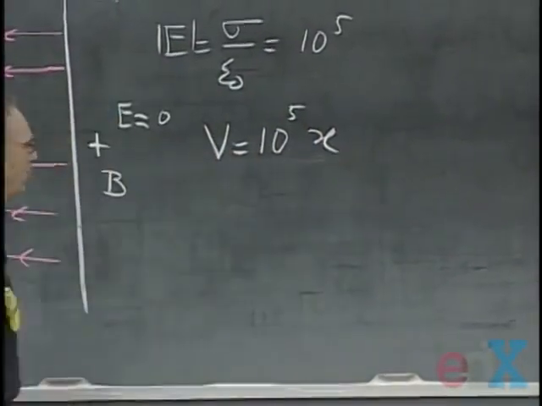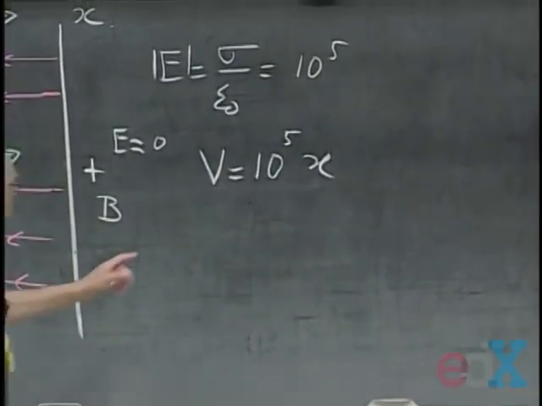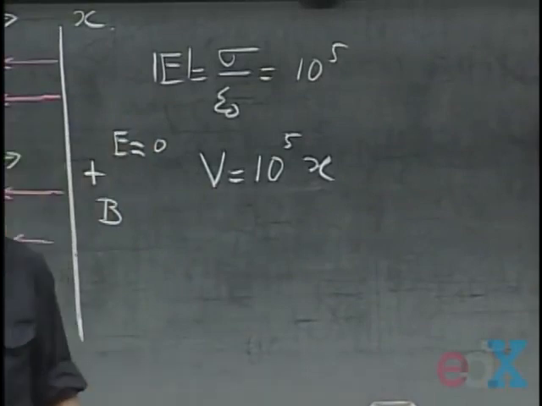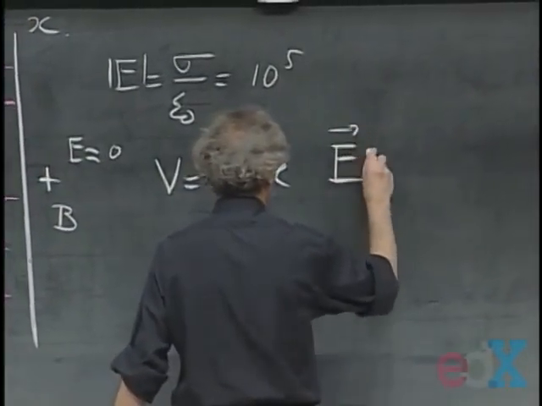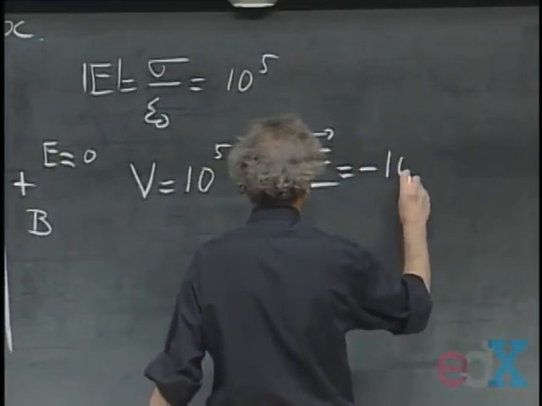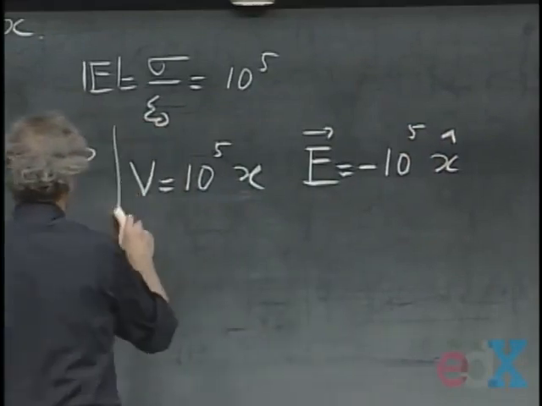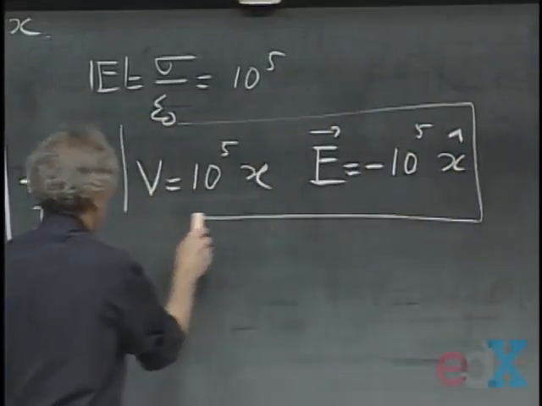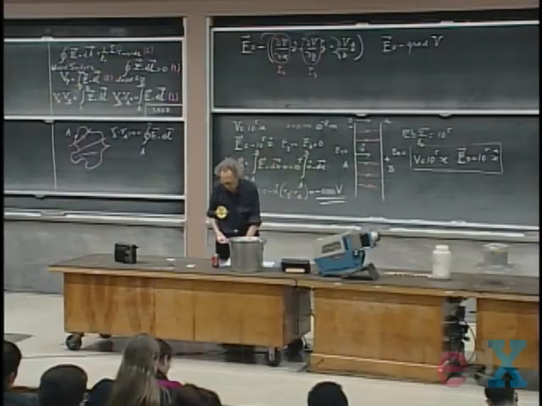When x is 0, the potential is 0, and when x is 1 centimeter, the potential is 1,000 volts, and that goes together with the electric field equals minus 10 to the fifth in this direction. And so this is extremely physical. This is something that you would have whenever we deal with parallel plates.